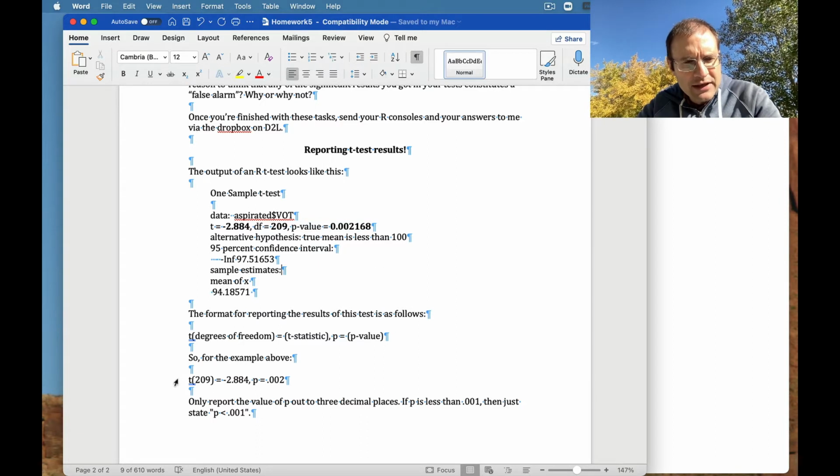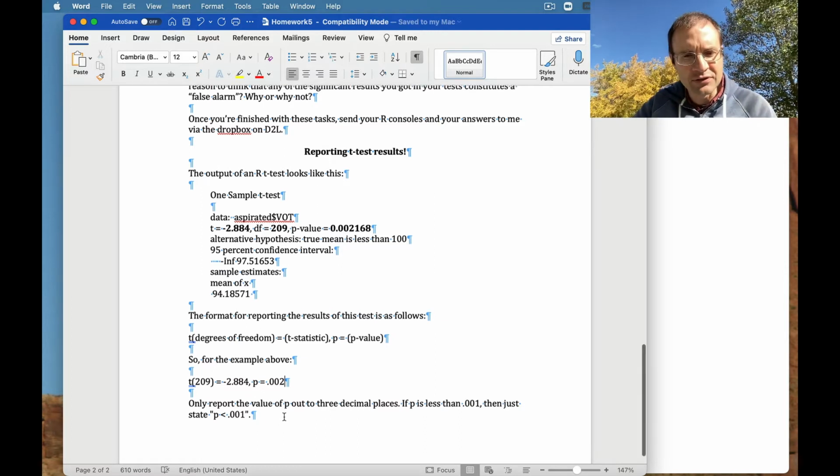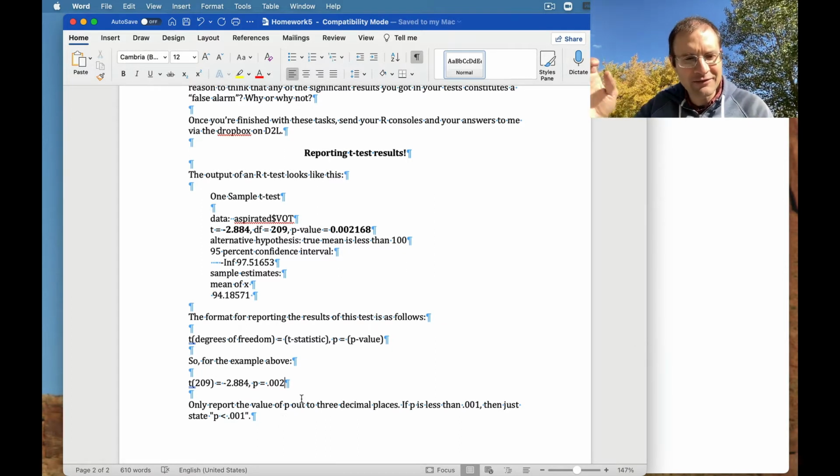What it will look like when you actually report it in your write-up for this homework is something like this: t, and then in parentheses degrees of freedom, and then the t statistic here, and then the p-value. If you get a very small p-value, like less than 0.001, just put p less than 0.001. You don't have to write it all out in scientific notation or anything like that. Please just kind of abbreviate it.